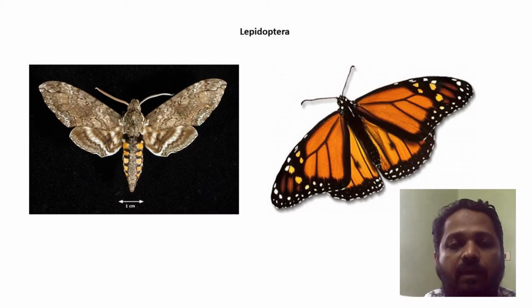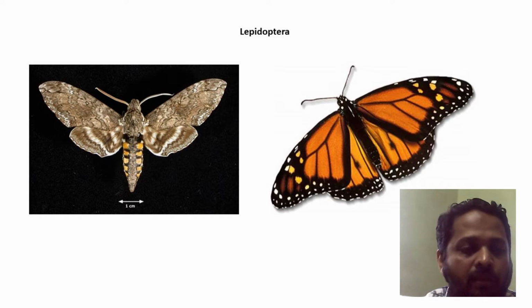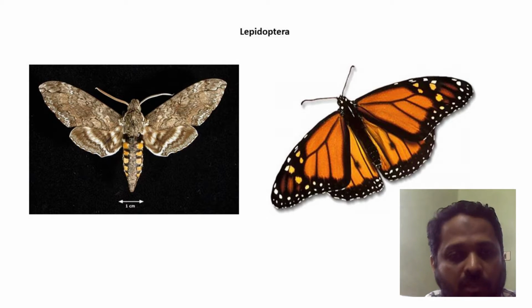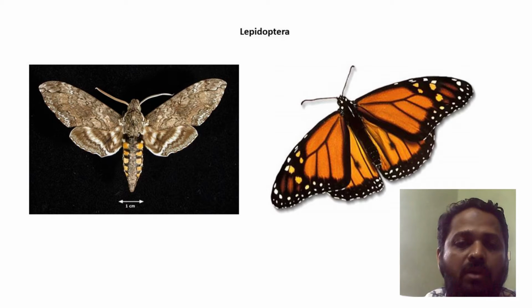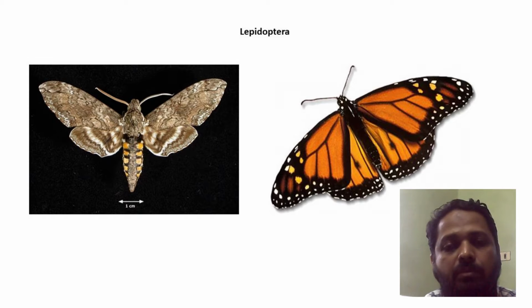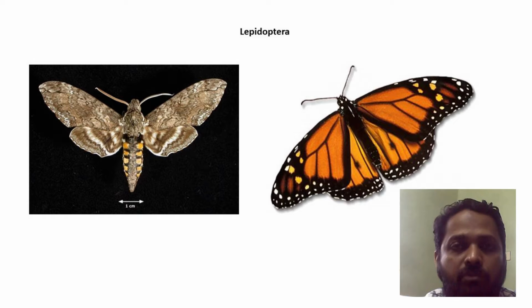Then the final order is Lepidoptera. Lepidopterans are very beautiful, including butterflies and moths. The body is soft, covered with scales. Modified setae are found in this case. Antennae are long and tapering in moths, and knobbed antennae are found in butterflies.